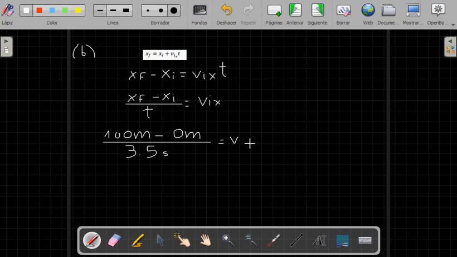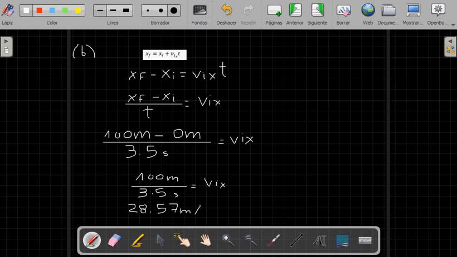That's equal to the initial horizontal velocity. 100 minus 0 is going to be 100 meters, and that divided by 3.5 seconds is going to be equal to, let's see, 100 divided by 3.5, 28.57 meters per second.